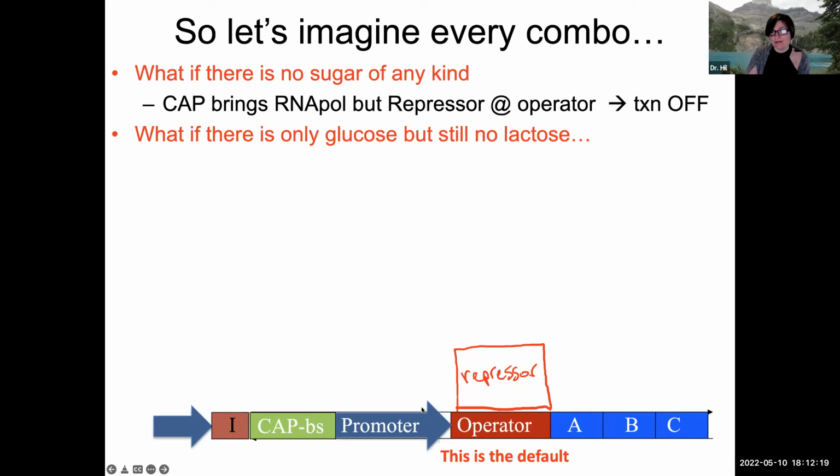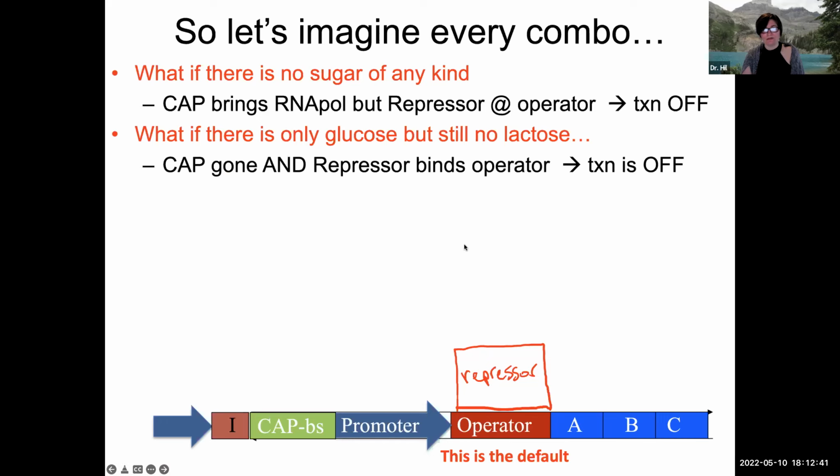The lights got turned off at the airport. Can RNA polymerase land the plane? That's right, it cannot. Are we getting transcription? That's right, we are not getting transcription.